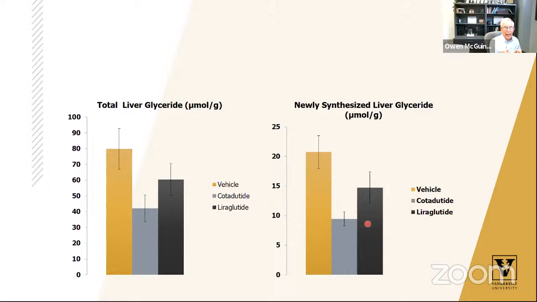So likely what's happening is that we are actually seeing less total esterification occurring in the presence of liraglutide. Now, why might that be? The glyceride flux rates are very similar between these two drugs, but remember what glucagon does. It also stimulates fat oxidation in the liver.